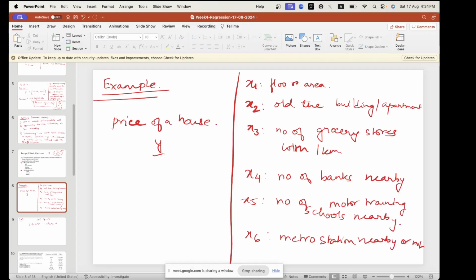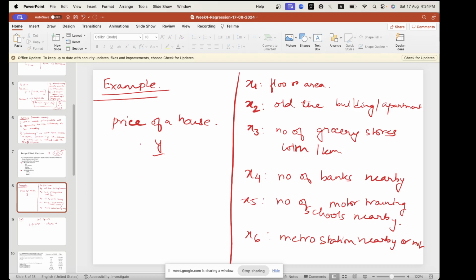Now, the main goal here is to find a subset of these which would most appropriately explain the variation in y, but we want a lesser number of variables than these 6. There could be so many other factors also. One idea is to take everything together and make a very heavy model, but that would usually lead to overfitting.